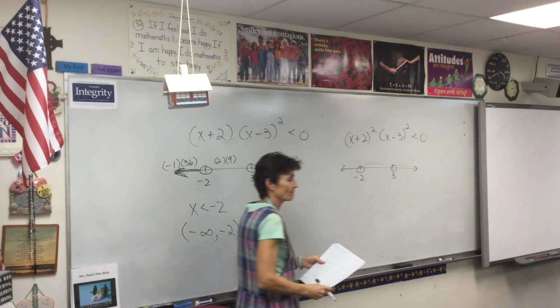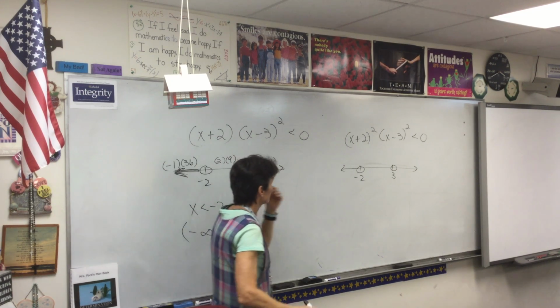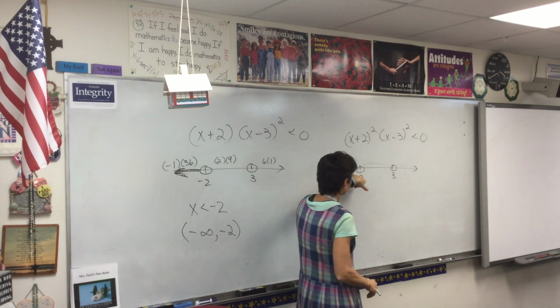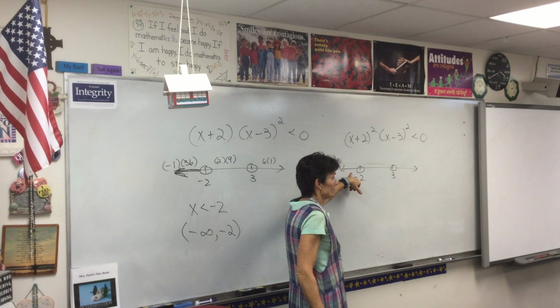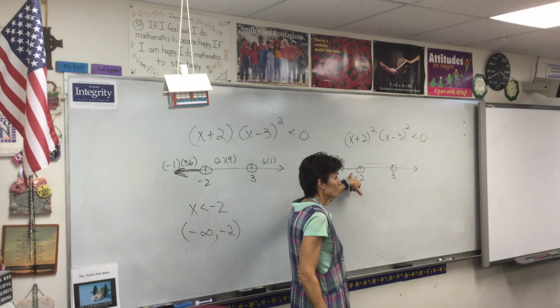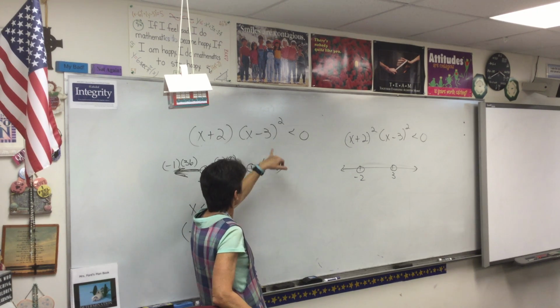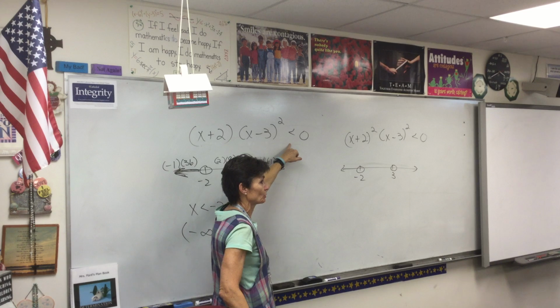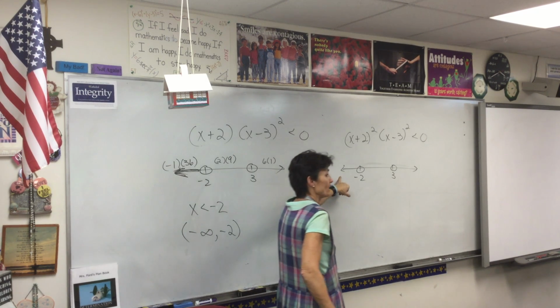That part hasn't changed. So can we just use the first one and know it's shaded the other way? No, because the only way it would be shaded the other way is if it were the same problem and the symbol changed. I have no idea what's going to happen here.